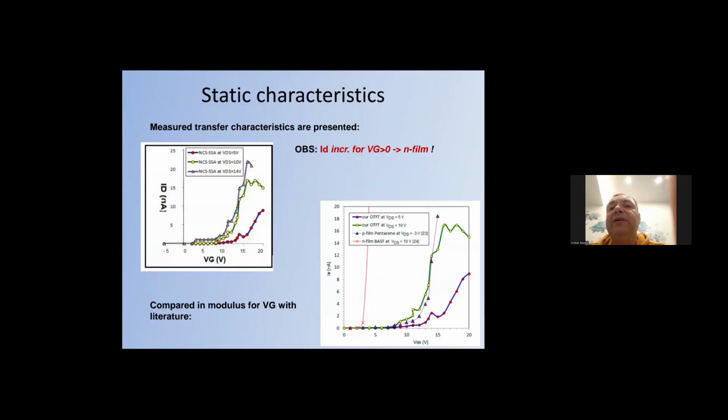And if we obtain this increase of the current with the positive gate voltage, we observe the enhancement of the current for a stronger positive gate voltage, which is in agreement with the accumulation of electrons. That is the second proof, after the molecular simulation. This is the second proof of the N-type behavior of this film.